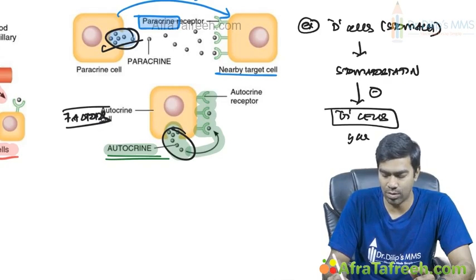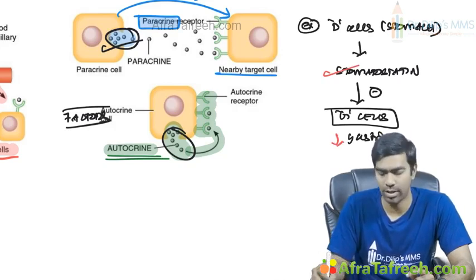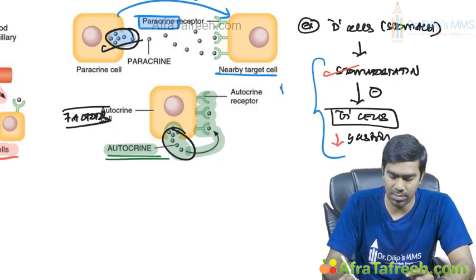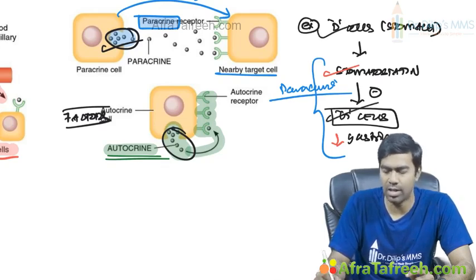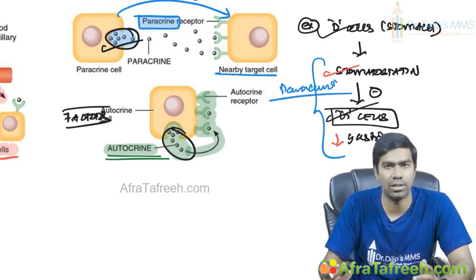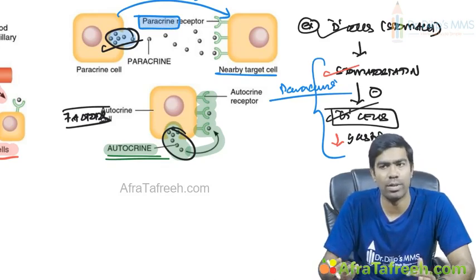These G cells are going to secrete gastrin, which means the idea of releasing somatostatin is to suppress the gastrin release. And you can see very clearly this is a typical paracrine mechanism of action, as these D cells and G cells are neighboring cells present next to each other in the stomach. They are not going to go by the blood route and they are going to inhibit each other.